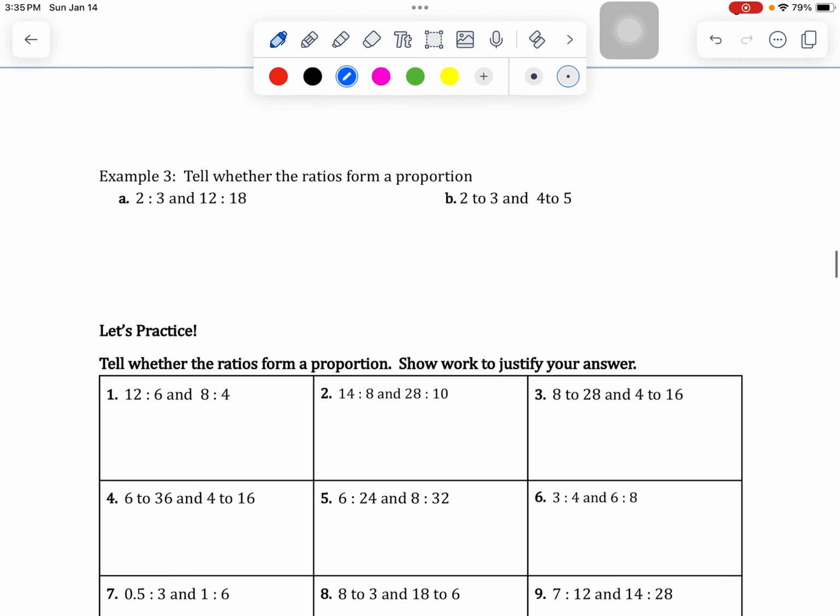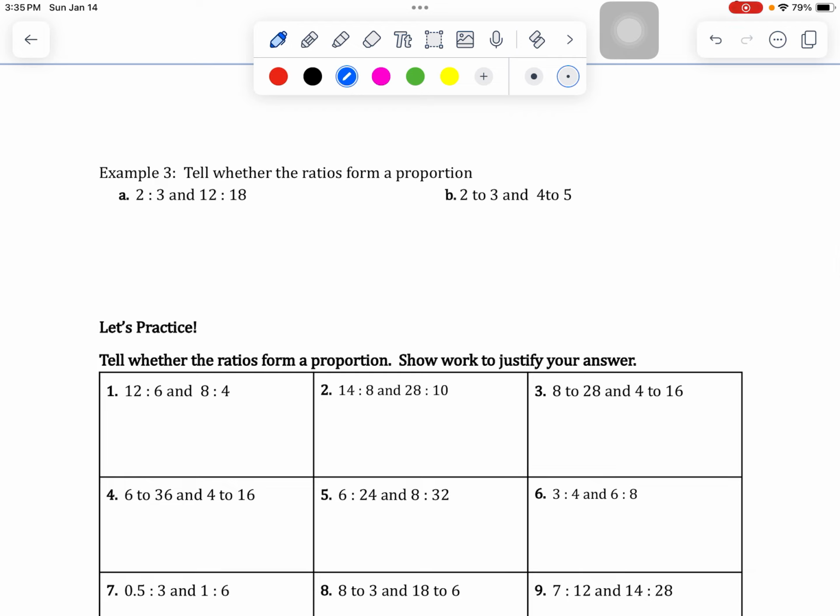So let's try that on these examples here. So we have 2/3 to 12/18. So if I multiply on the diagonal, 3 times 12 is 36, and 2 times 18 is also 36. So this would be proportional.